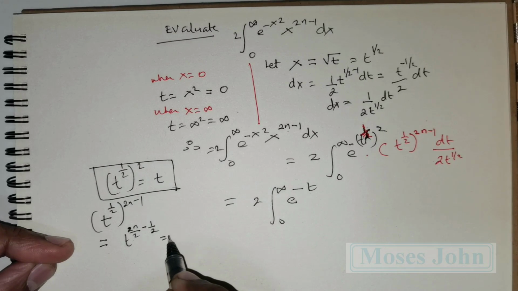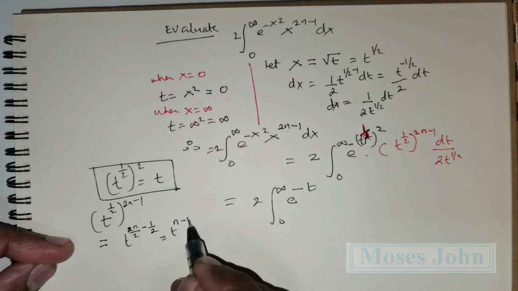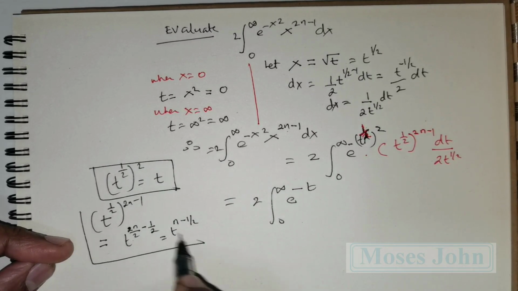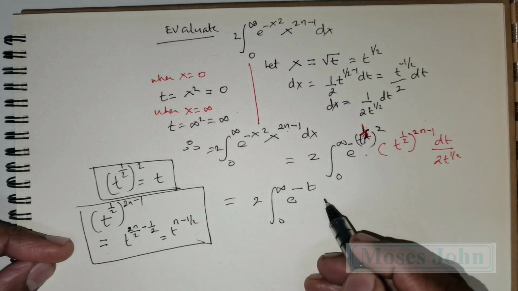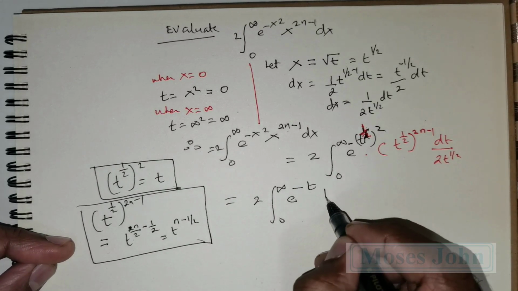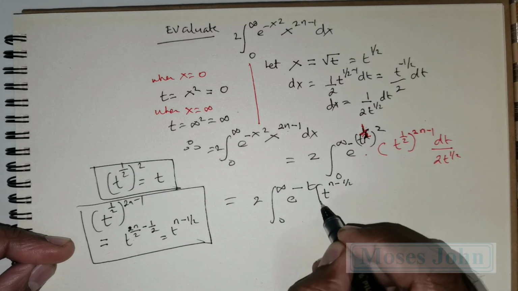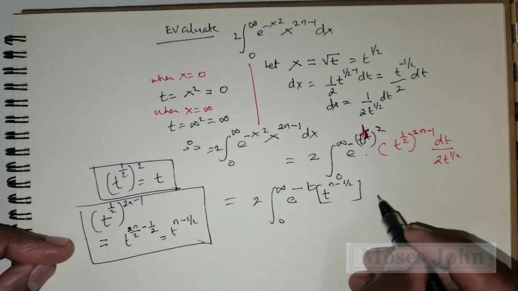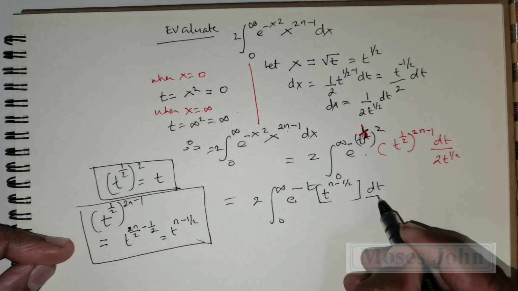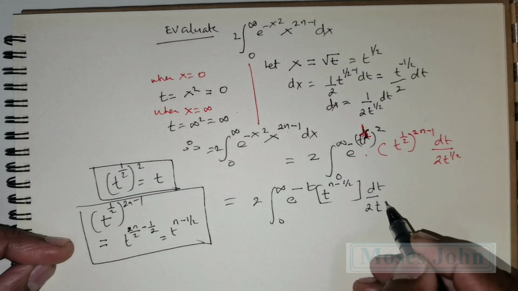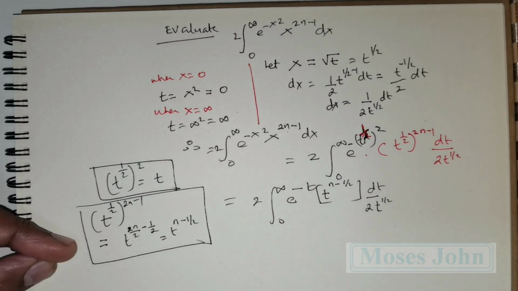So this is equal to t raised to the power n minus 1 over 2. This is what you get, so you need to place that there. So this is t raised to the power n minus half times dt divided by 2 raised to the power 1 over 2.